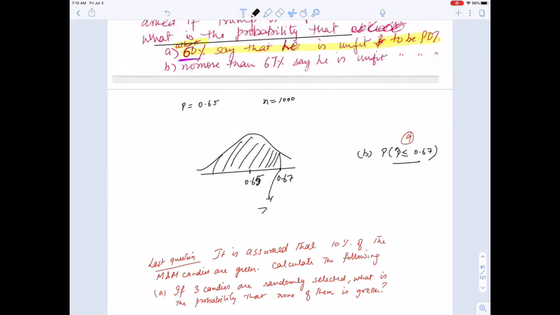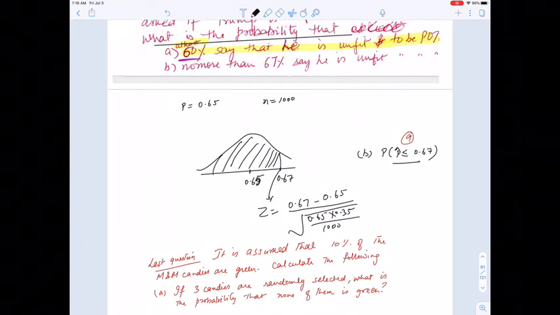This is what we need to find out. Convert this into Z. Let's do this.